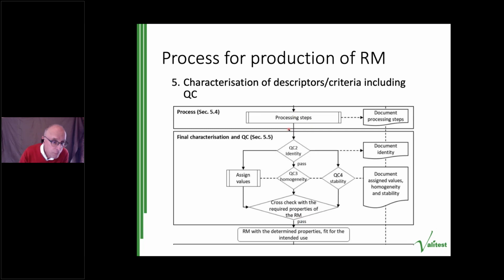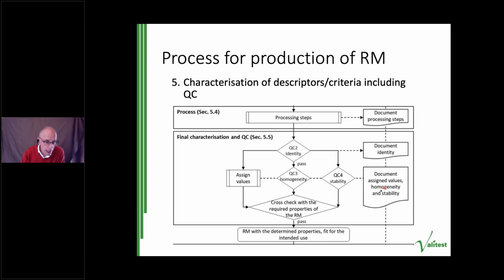When you've finished your processing steps, or during the processing, you end up in the process whereby you actually really determine what your criteria are. And again, this is an example, so the things mentioned in these boxes may not really apply fully to your reference material, but it just shows that obviously there are different criteria that you need to determine.